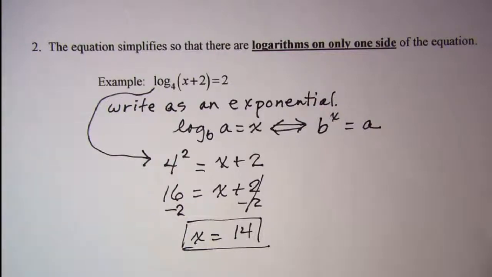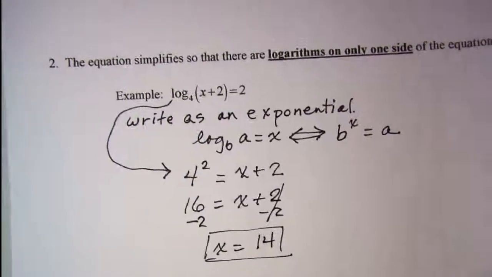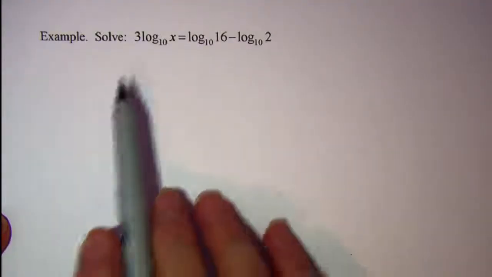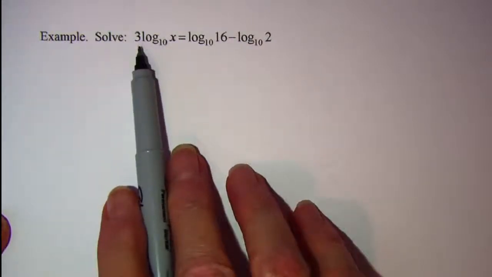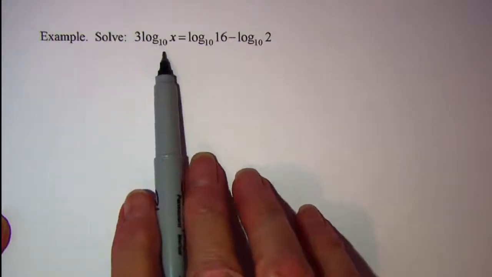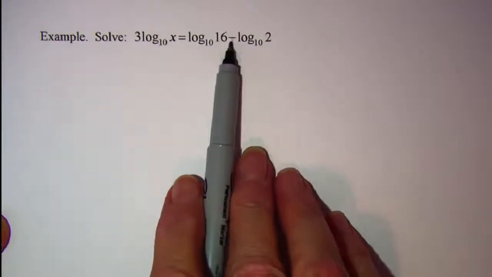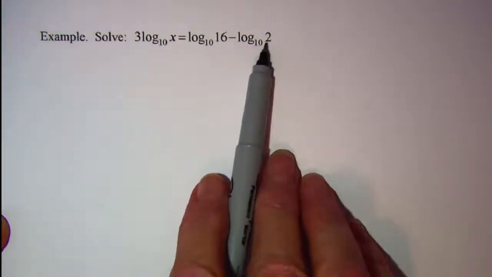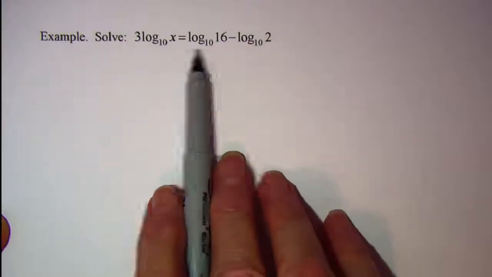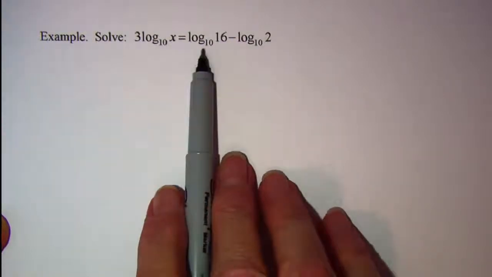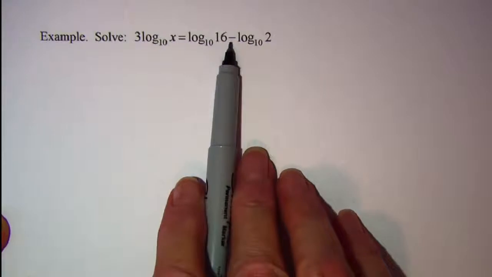So let's do an example. Our problem is we need to solve 3 log base 10 of x equals log base 10 of 16 minus log base 10 of 2. So we need to use our property of logarithms that says the difference of the logarithms is equal to the log of the quotient.